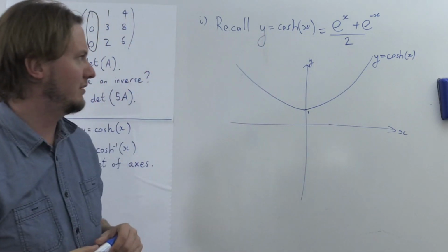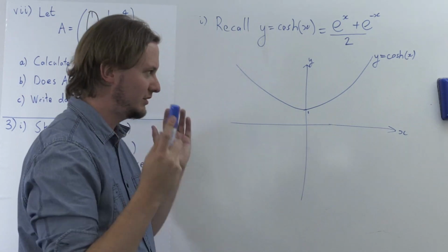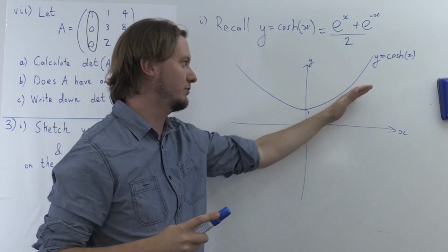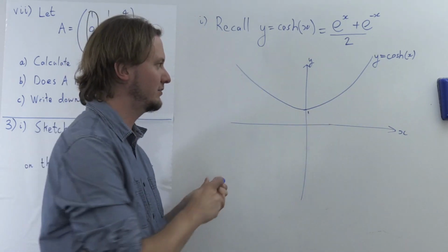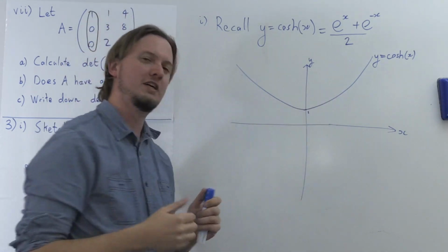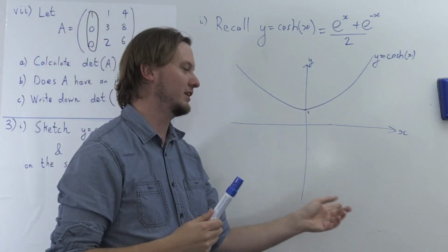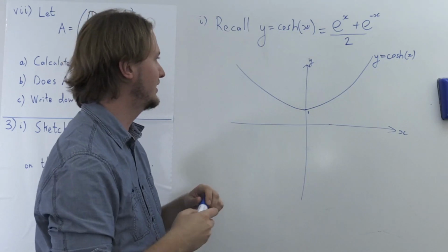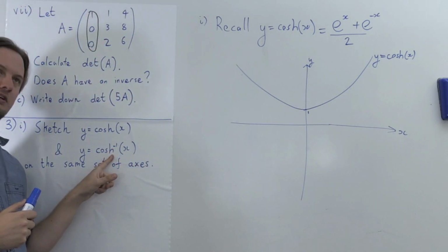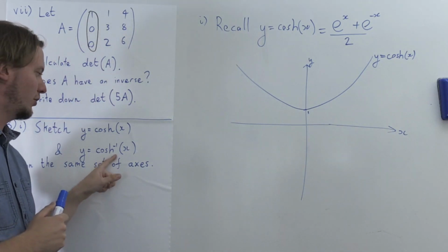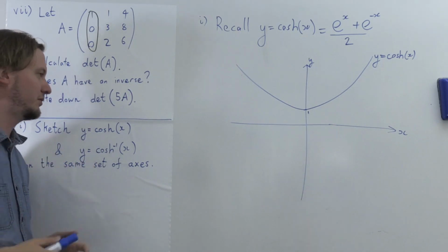Now we want to plot the inverse function. When you're plotting an inverse function, a really easy way to think about it is you're just taking your original function and reflecting it through the line y equals x. So I'm just going to take my same plot and flip it over. That wouldn't give a function though if I just drew the same curve over here. One thing you have to understand is that when you're looking at the inverse of the hyperbolic cosine, you're only picking the positive values.